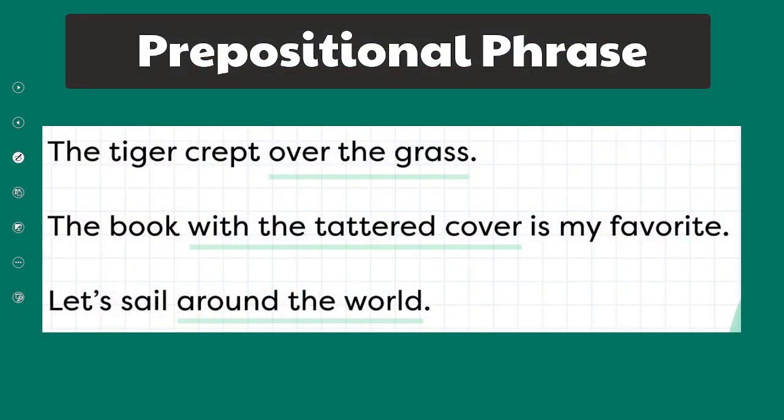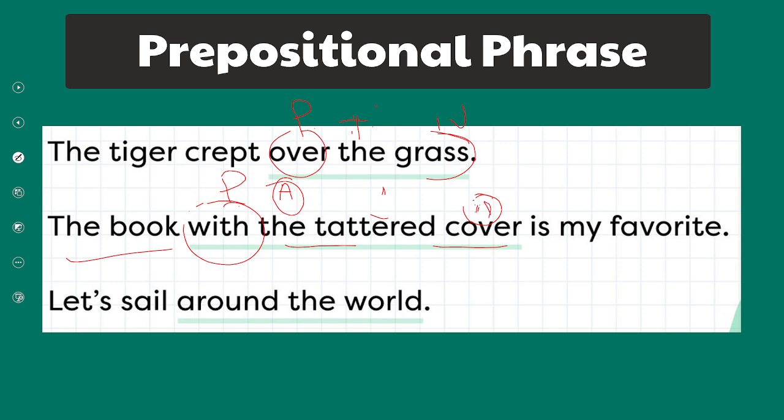Here are some more examples. The tiger crept over the grass, preposition plus your article or any modifier, and then your noun or object. Here you can see the prepositional phrase is coming in the middle of the sentence, with the tattered cover. With is your preposition, the is an article, then the modifier, tattered, and the noun.